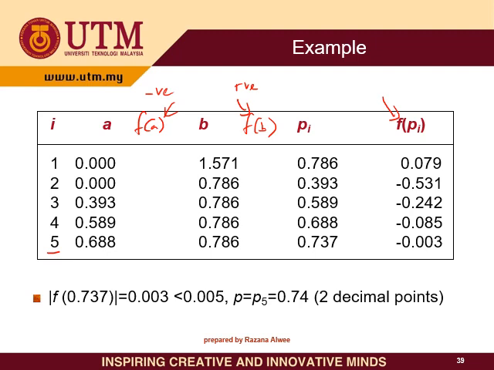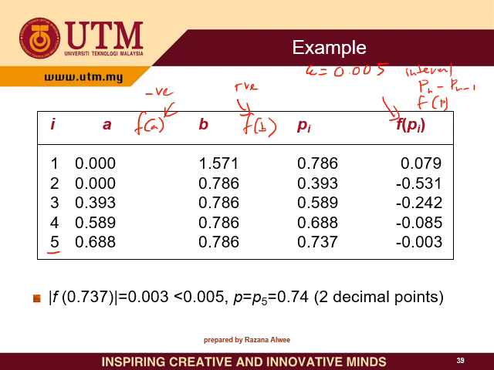So how to stop? Remember, our error is 0.005, and we have three things that we need to check: the interval, the Pn minus Pn minus 1, and then the F(p).